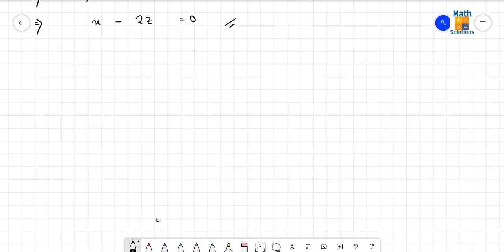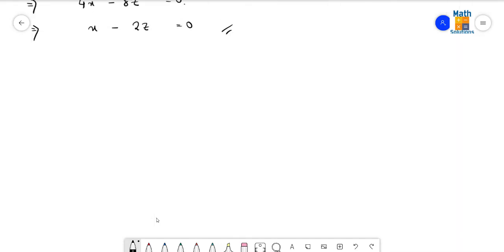After that, we shall come to the last question of this exercise. What is there?